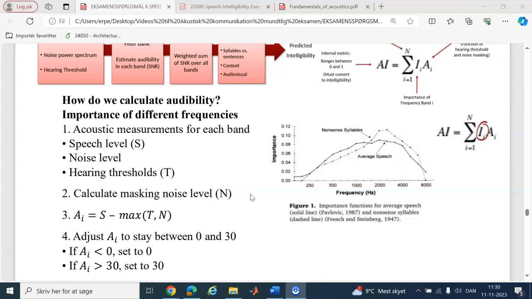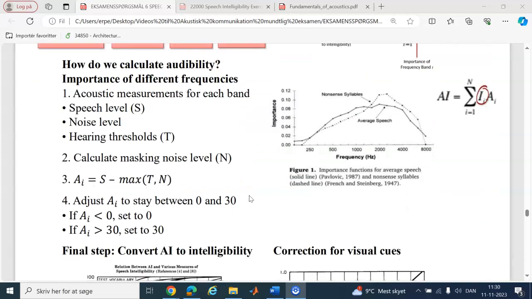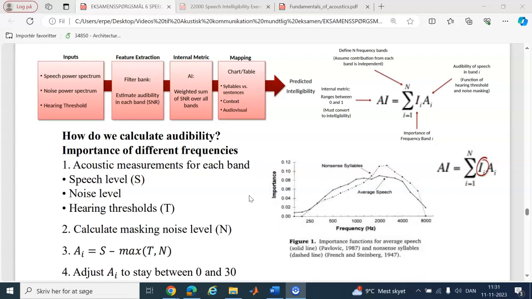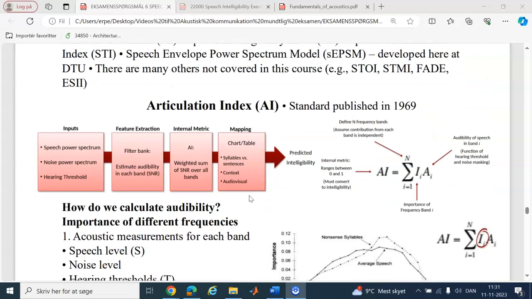This index has to be between 0 and 30. If it's less than 0, we set it to 0. If it's more than 30, we set it to 30. The articulation index is a sum of some parts, a number between 0 and 1.